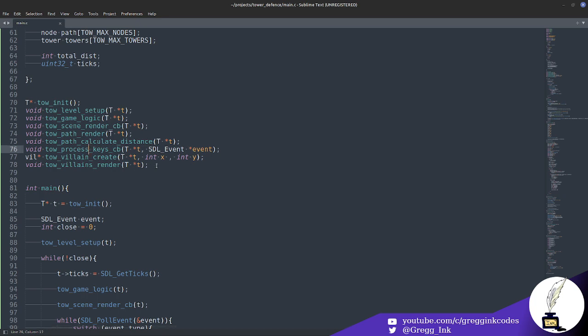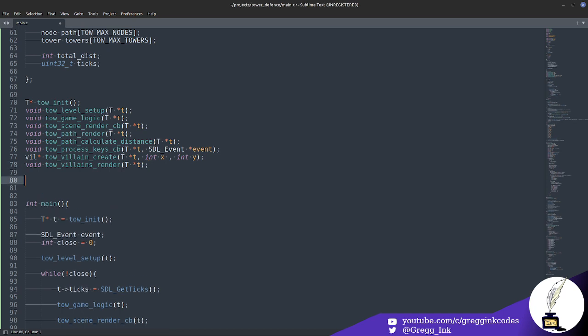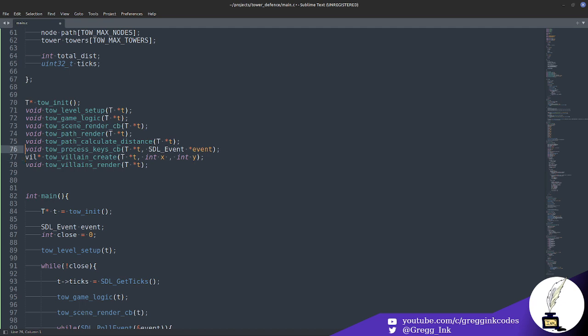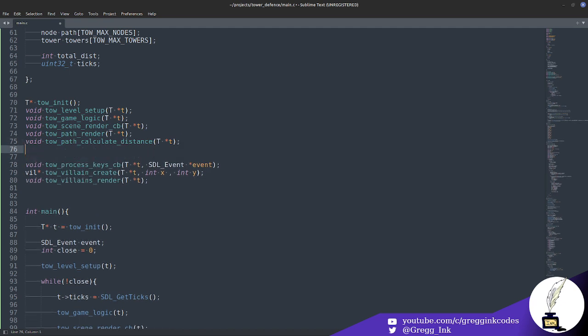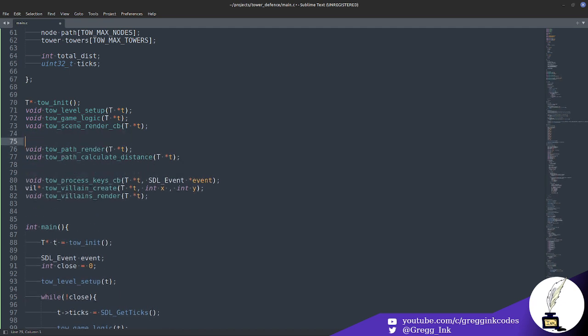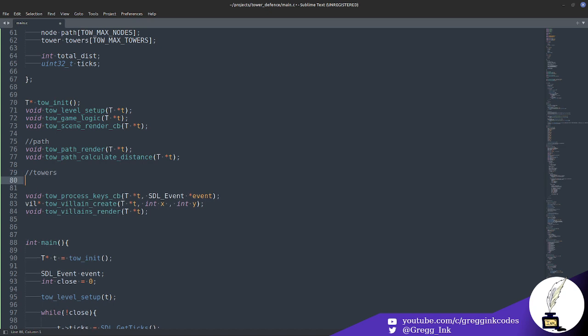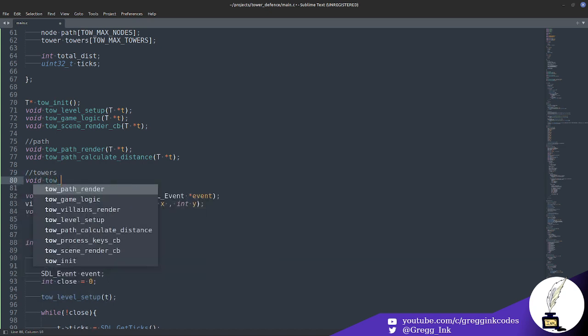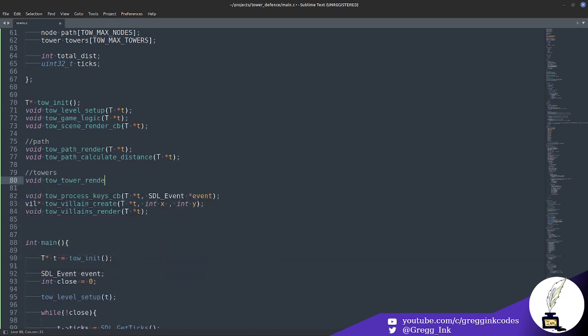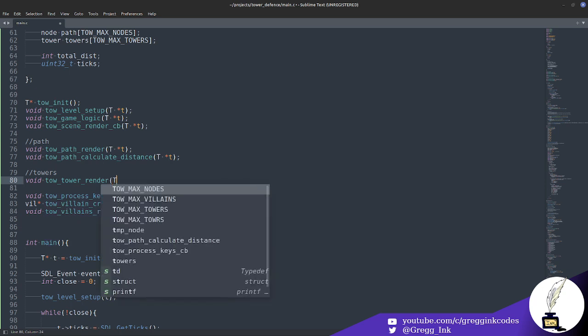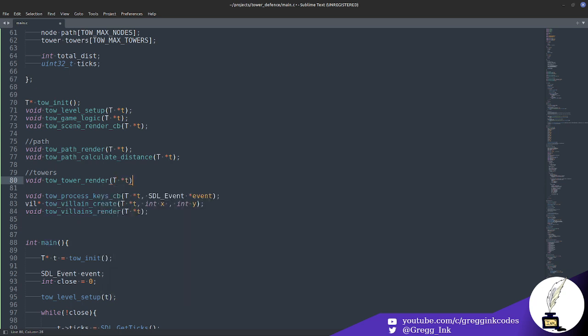We have villains, okay, path and towers. So void tower render. Okay.